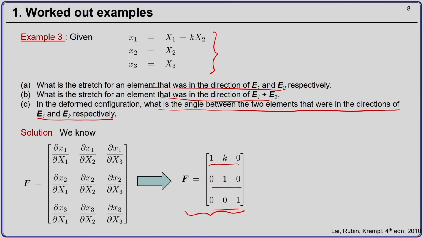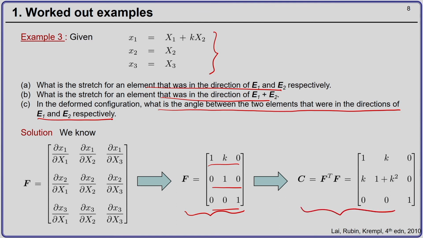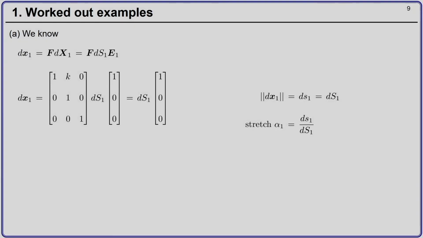And then we can find C, which is F transpose F. Now, our first objective is to find out what happens to a material vector which was along the E1 direction.